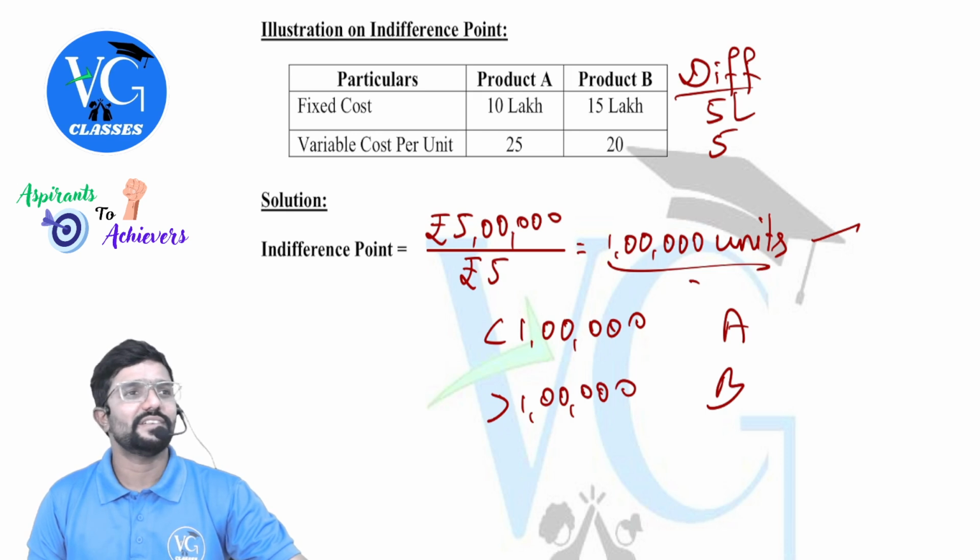Next, you write the last sentence also. If the sales or activity level is exactly equal to 1 lakh units, choose either of them.